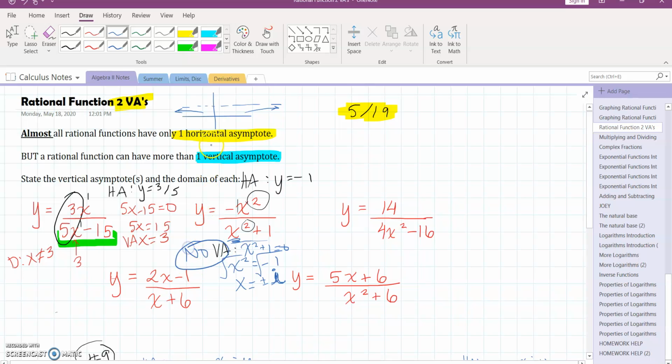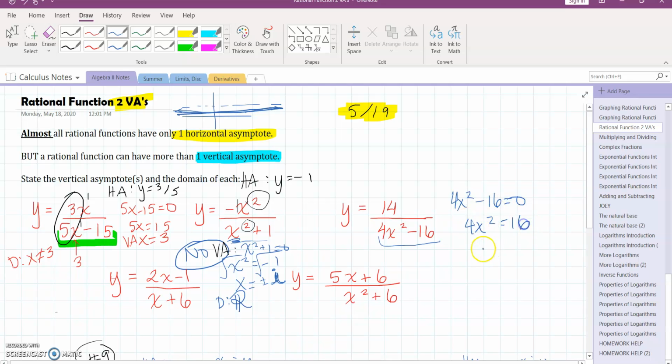Now, if you have a graph with no vertical asymptote, that means the graph can go all the way from the left all the way to the right. So that means your domain, I'm running out of room here, is all real numbers for this example. For this one here, I want to think, what can I plug in for x to make my denominator be 0?